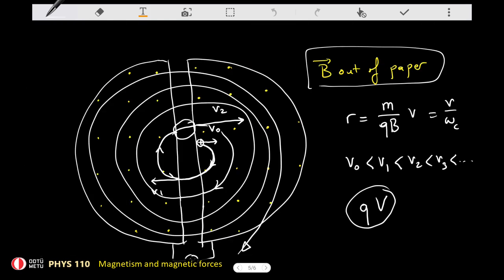Let's remember the idea here again: we would like the frequency of that AC EMF device to match exactly the frequency of the particle's motion here. Only in that case can we keep pumping kinetic energy into the particles.